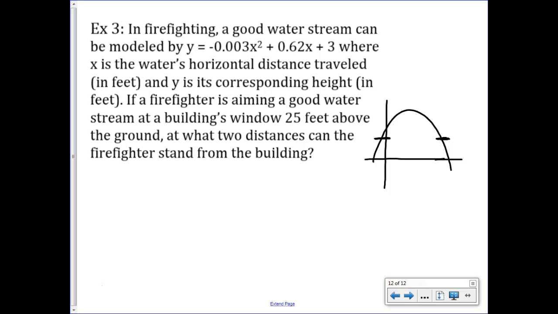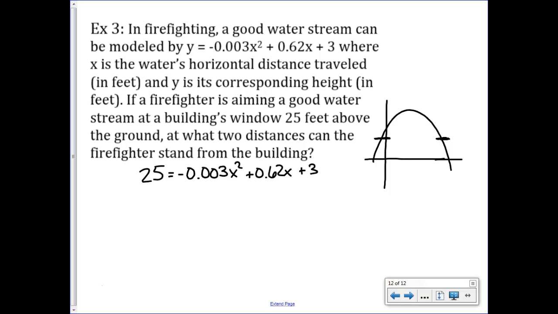So in this case, I'm going to replace y with 25, so 25 is equal to negative 0.003x squared plus 0.62x plus 3. Now, you have 2 options here. You can either move the 25 over and set it equal to 0 and find the zeros in your graphing calculator.